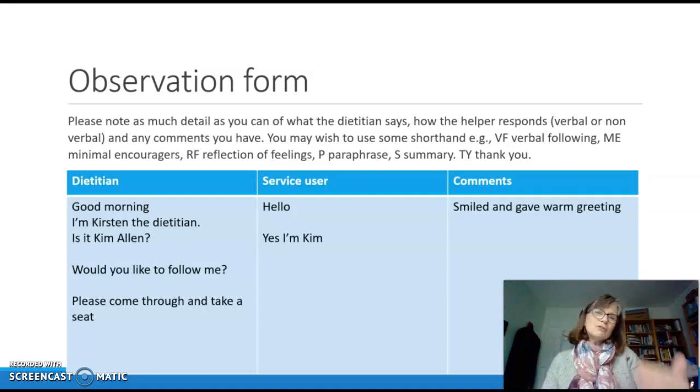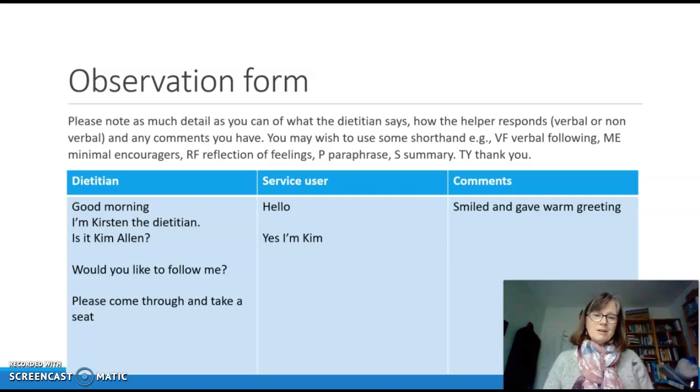You're just writing down key words, because those might be the key words you want that dietitian to be picking up on and listening to. And in the comments column, you could be writing a range of things: built rapport, warm greeting, forgot this. It's a whole range of different things under that comments column that will help you to feed something useful back to the dietitian.